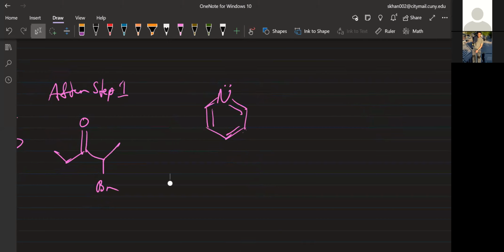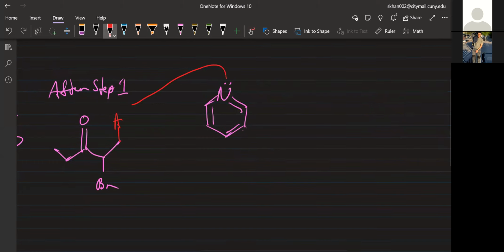Anyways, this is now just kind of a simple elimination process here, right? You can take one of the protons off of here, right? So say this drops here, this goes here, and then kicks that. Basically an E2-like elimination.